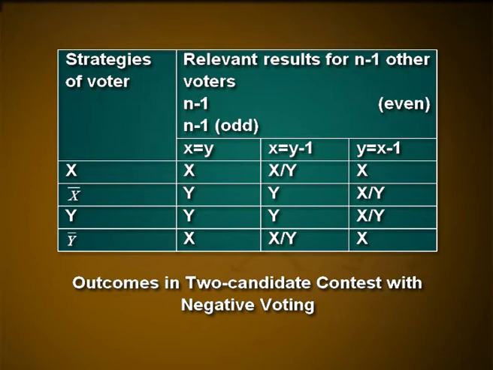Notice that the outcomes associated with strategy X bar are exactly the same as those associated with strategy Y, and the outcomes associated with strategy Y bar are exactly the same as those associated with strategy X for all relevant results. Since a voter who casts a negative vote against one candidate can always do as well by casting a positive vote for the other candidate, both these strategies are undominated and a negative vote is not uniquely advantageous in a 2-candidate contest.